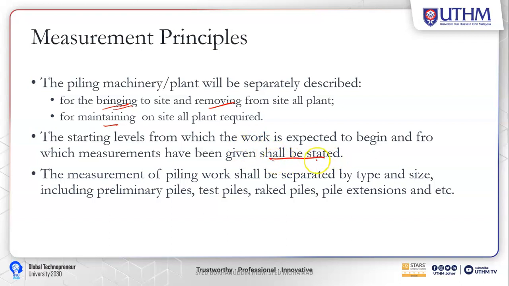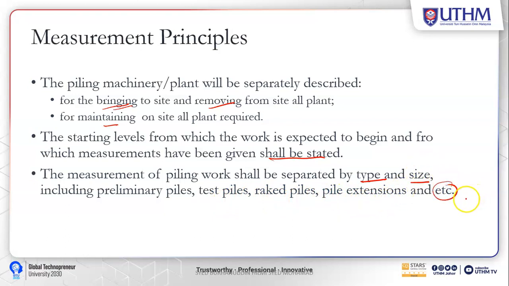Everything needs to be stated in the BQ or in your estimation form. The measurement of piling work shall be separated by type, and you also can determine the size, including preliminary piles, test pile, record pile, pile extension, and extra.